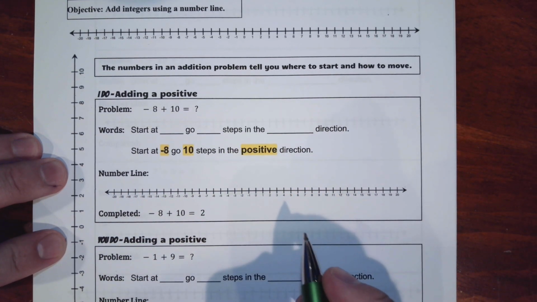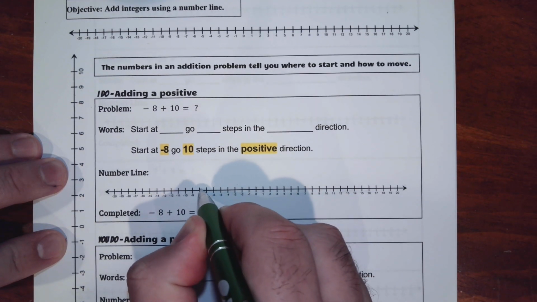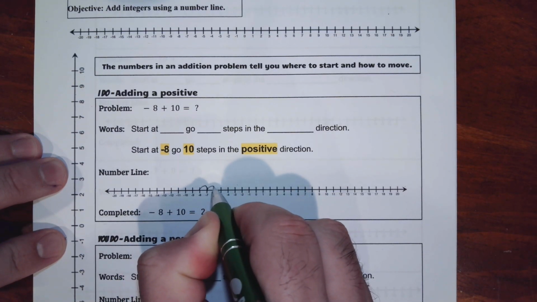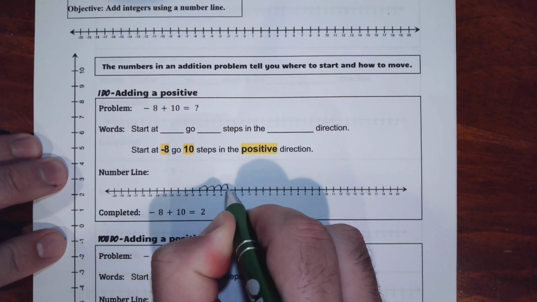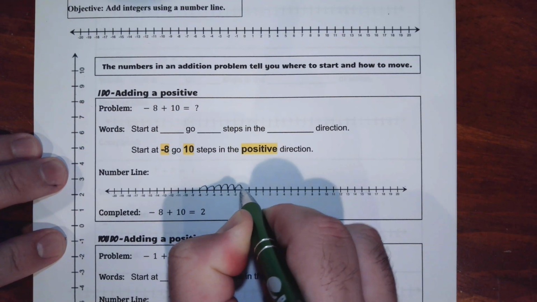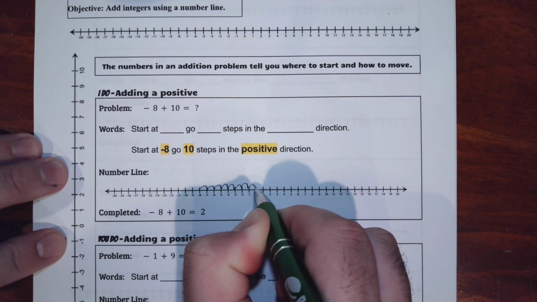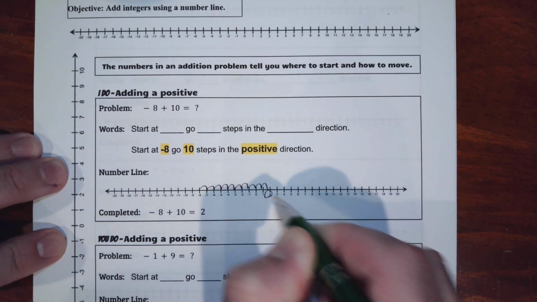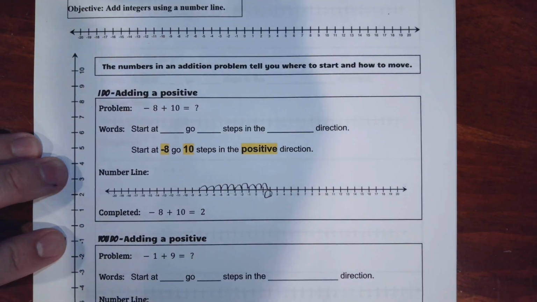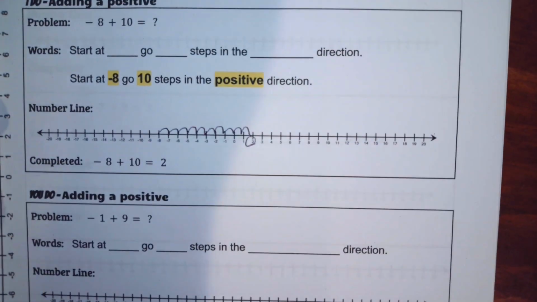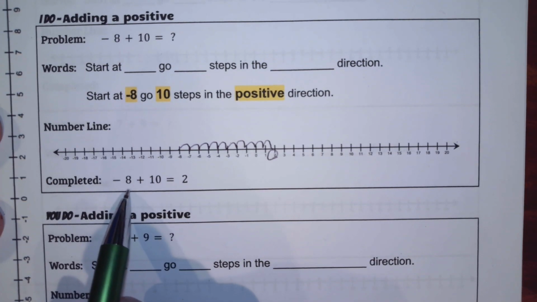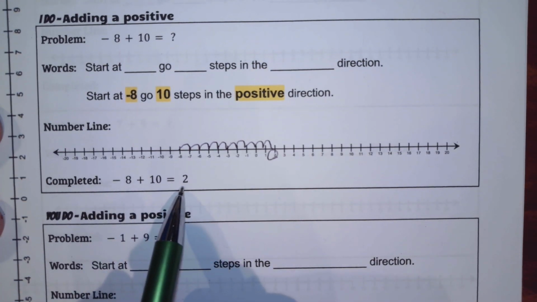So on the number line, we would start at -8. So put your pencil at -8, and then go 10 steps in the positive direction. And where you end up is your answer. So -8 plus 10 is +2.